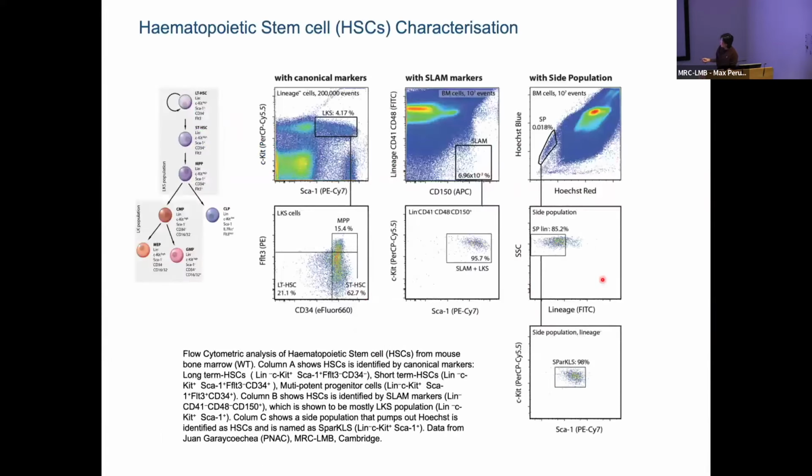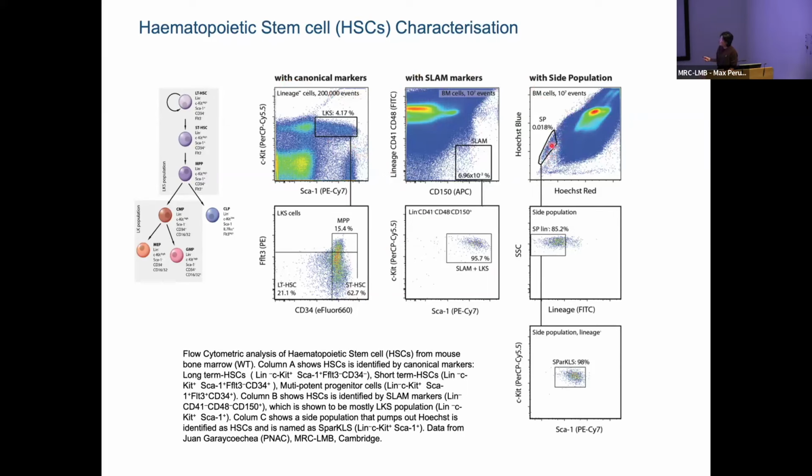So these experiments are to characterize the hematopoietic stem cells. They used 3 different strategies to identify HSC cells: with canonical markers, with SLAM markers, and also with side population. These stem cells, interestingly, pump out the Hoechst dye.